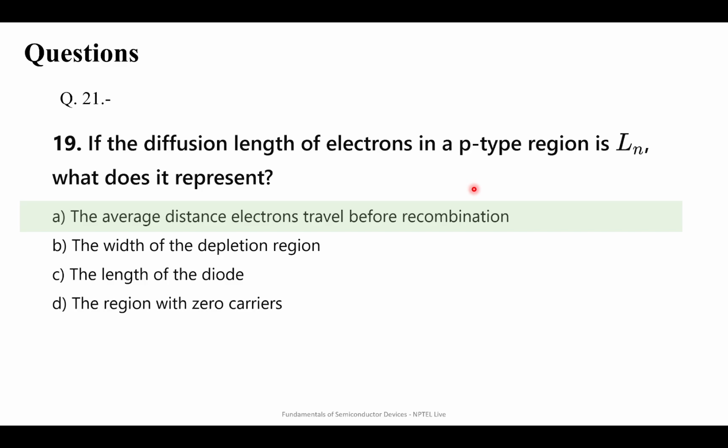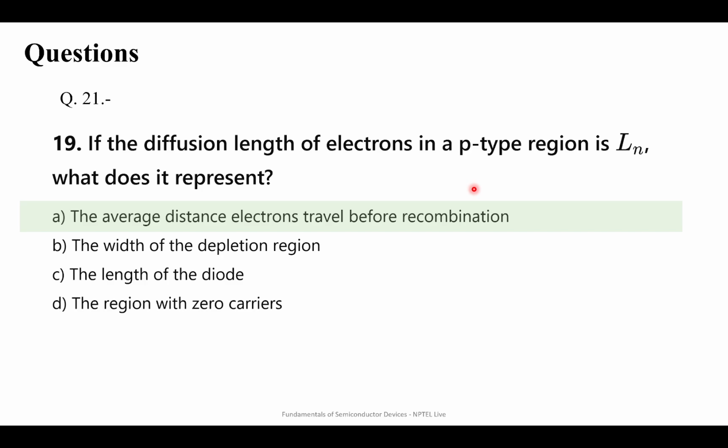This diffusion length is compared with the size of the diode. If the length of the diode is much greater than the diffusion length, it is called a long diode.